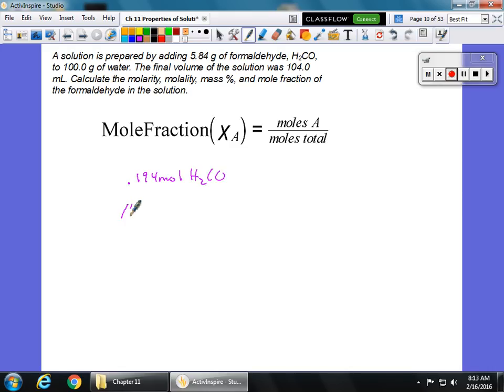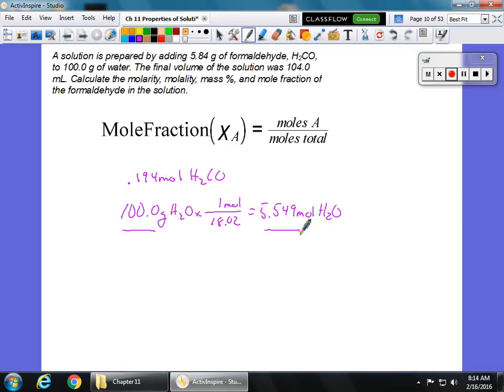For the water, we had 100 grams of it. We're going to divide by 18.02, its molar mass, to get the moles, and it gives you 5.549 moles of water. And you might ask, why did I take it that far? Well, I had 4 sig figs here, I have 4 sig figs over here.